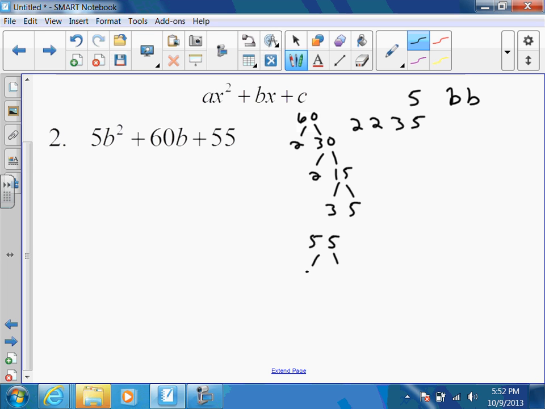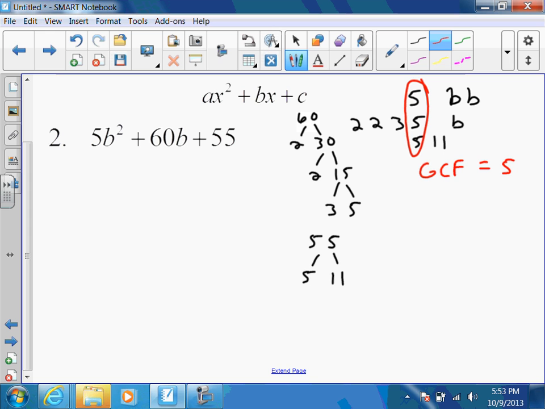I have 5 and 11. Is anything in common with all 3 rows? This time, yes, we do. So we have a GCF of 5.